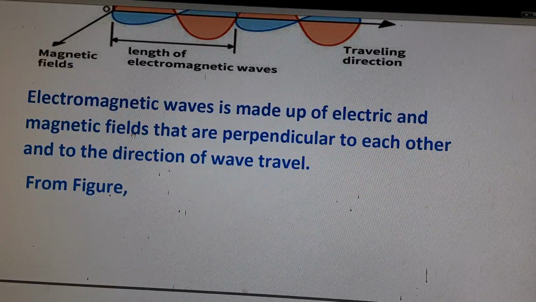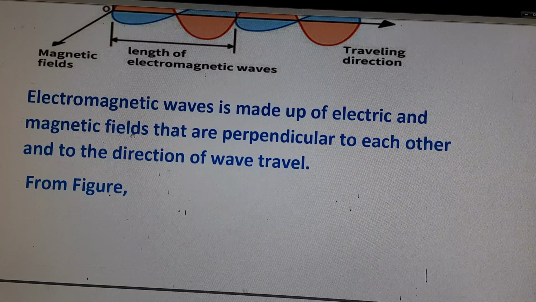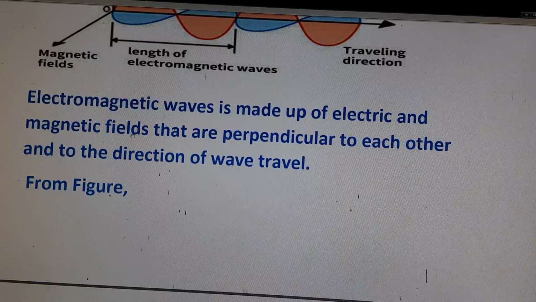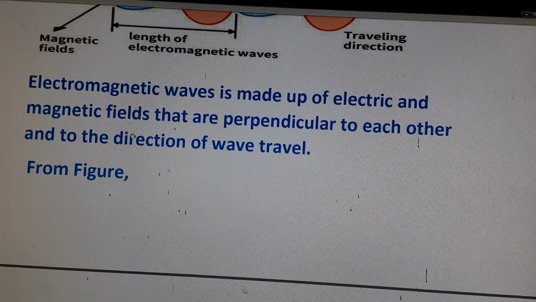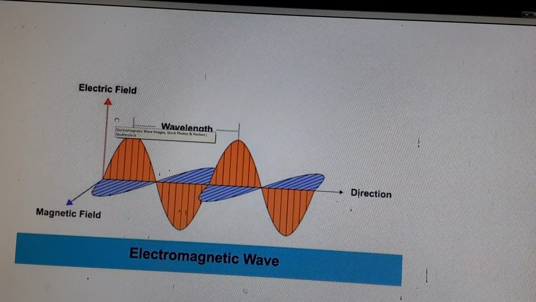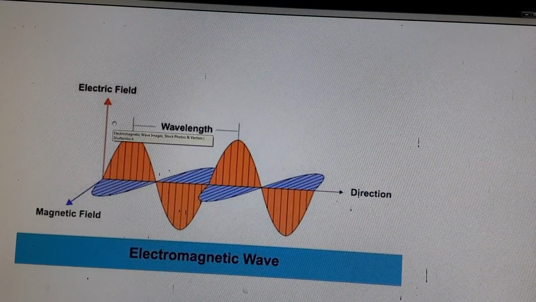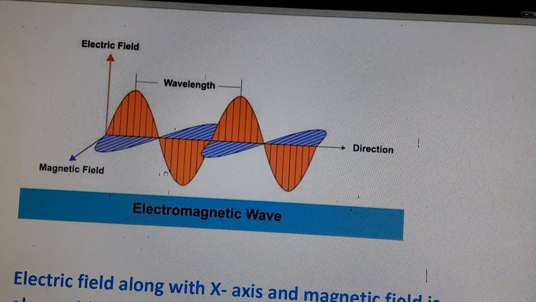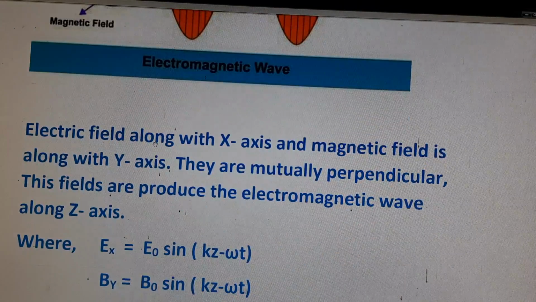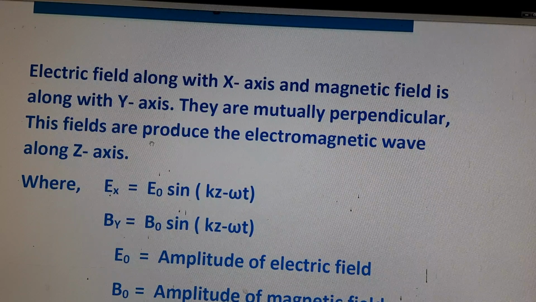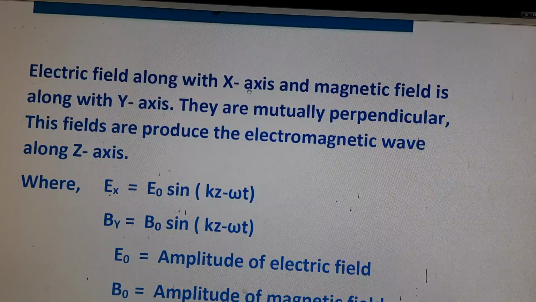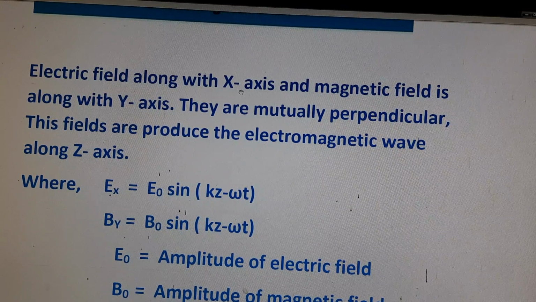So the electromagnetic wave is made up of electric and magnetic fields that are perpendicular to each other, and the propagation of the wave is the direction of wave travel. We can see in this figure the electric field and the magnetic field. In this diagram, the electric field is along the x axis and the magnetic field is along the y axis, and they are mutually perpendicular.